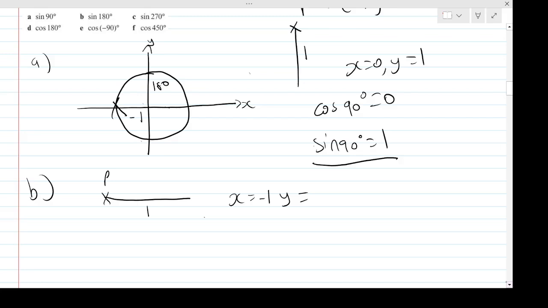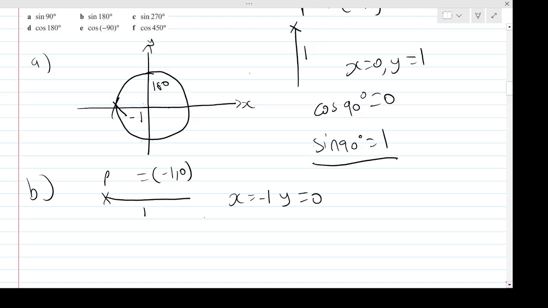And y would be 0, because there's no y component, we're not going up in any way, it'd be just going straight along. So P would then be minus 1, 0. That's what that point would be if we moved 180 from here.